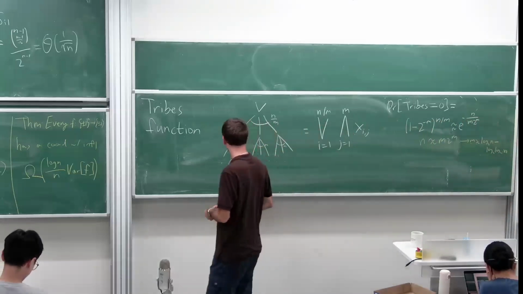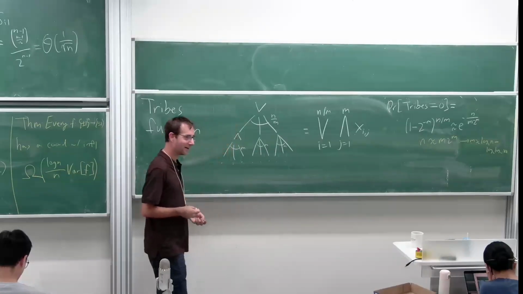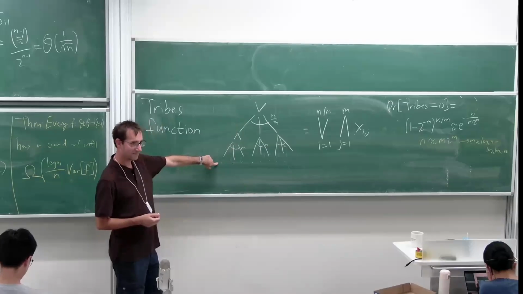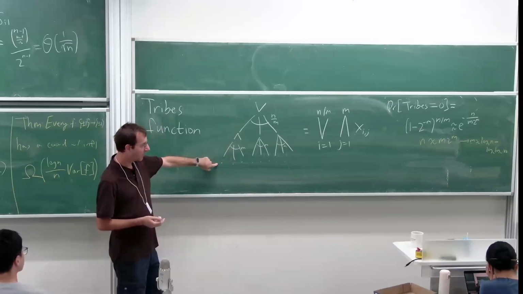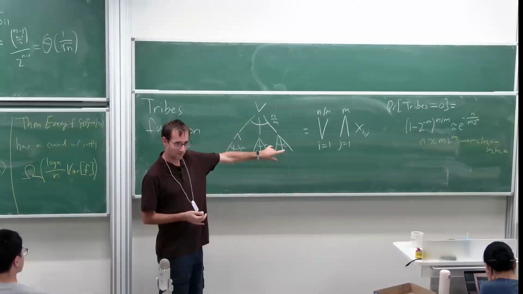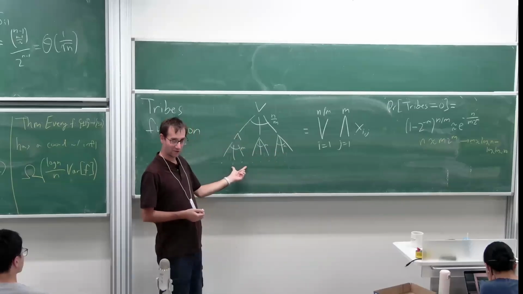And now let's calculate the influence of one of the variables. I want to know the influence of this guy. In order for this guy to be influential, we need that the rest of the tribes definitely vote 0, and we need that the other guys in the same tribe vote 1.